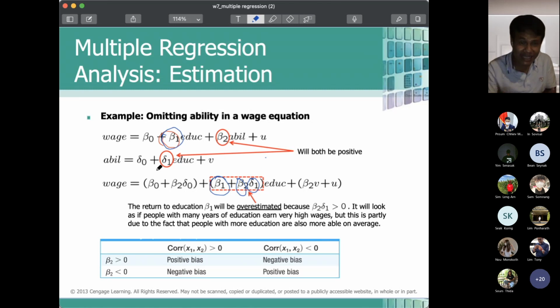So as you can see here, your estimate that you obtain here is biased. Your alpha estimated is biased. All right. So here, if you look at the text below, the returns to education delta 1 will be overestimated. It will be large because this delta 2 multiplied by delta 1 is bigger than 0.